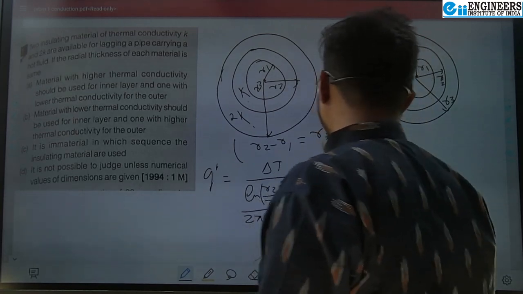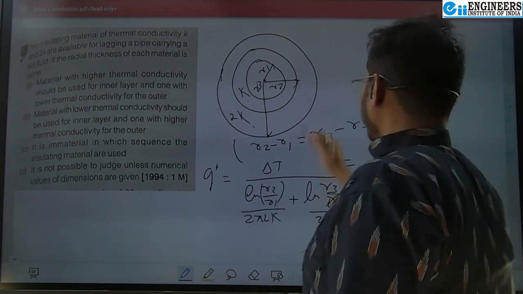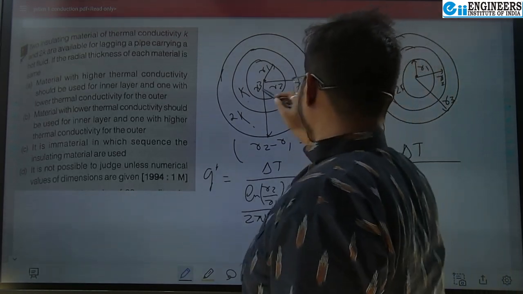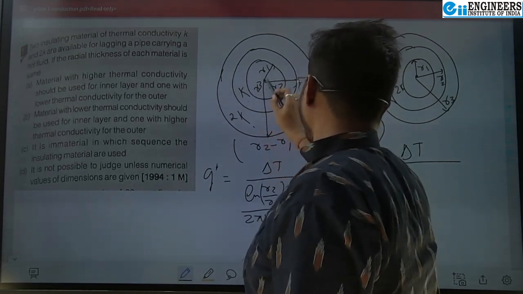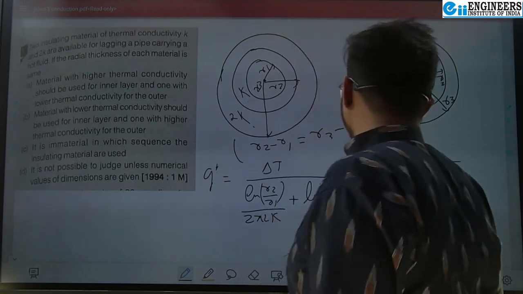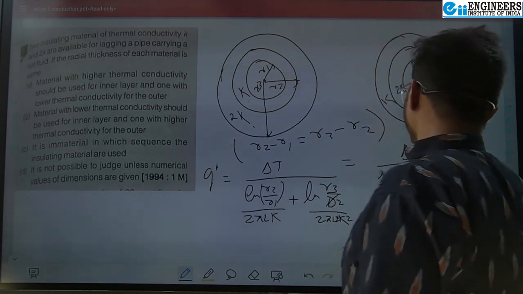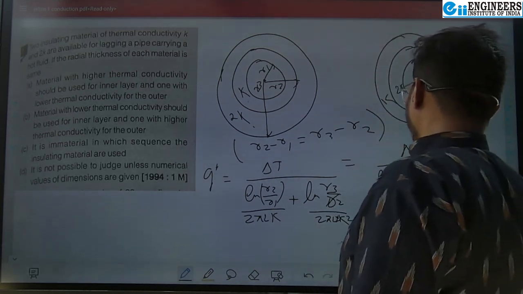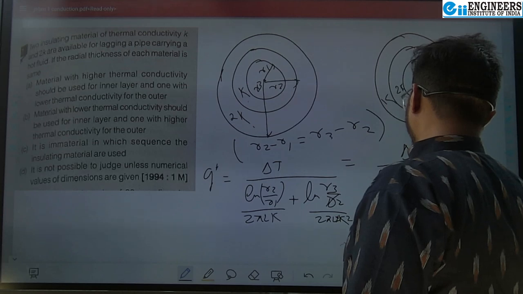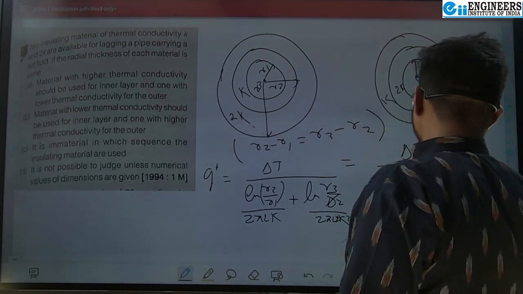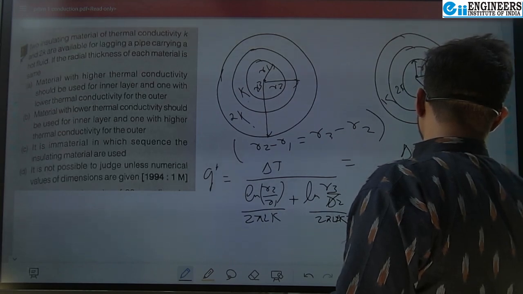So if it is K and 2K, then delta T, let us consider this first one. Here it is ln R2 by R1 by 2 pi Lk plus ln R3 by R2 by 2 pi L into 2K, so this will be ln R2 by R1 by 2 pi Lk plus ln R3 by R2 by 4 pi Lk.